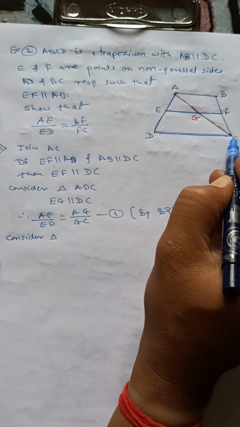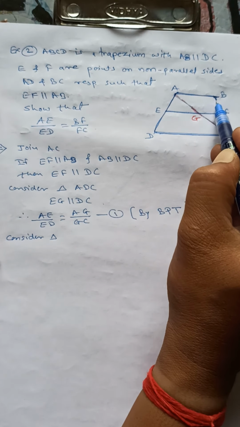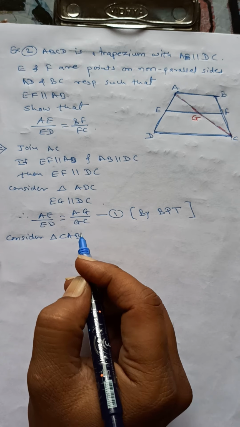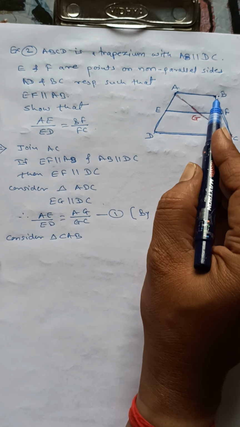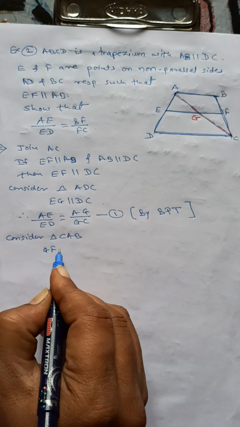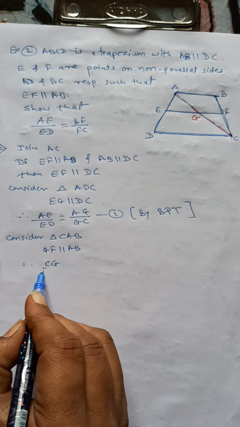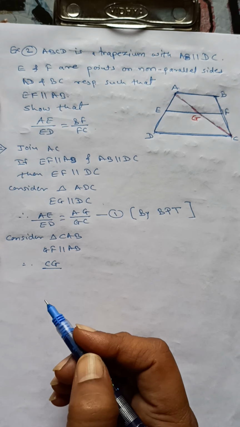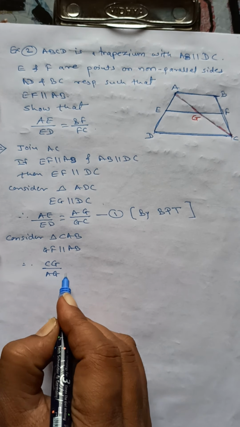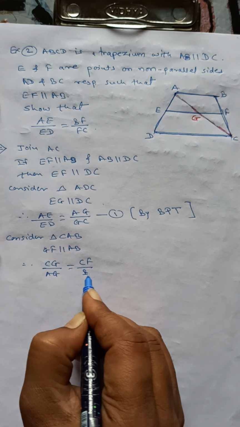Now consider another triangle, CAB. In this triangle, EF is parallel to AB, so we can say that GF is parallel to AB. Therefore, CG upon AG is equal to CF upon BF.